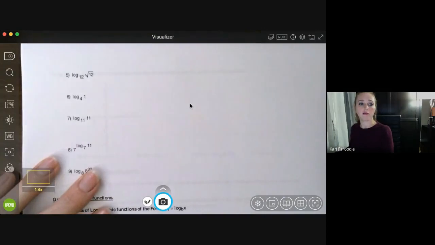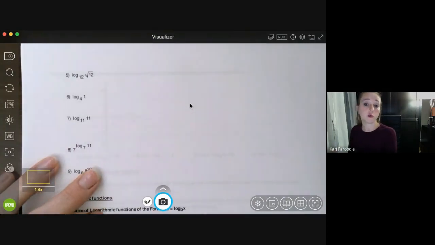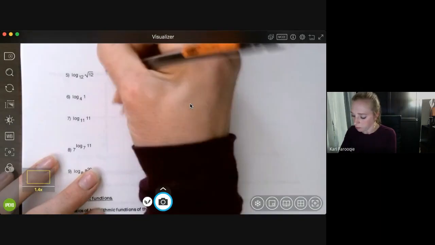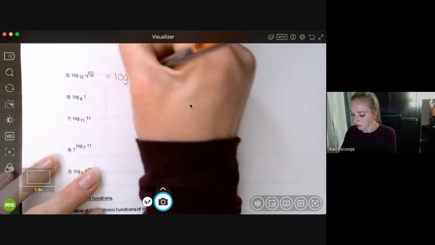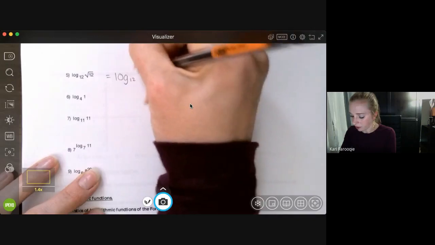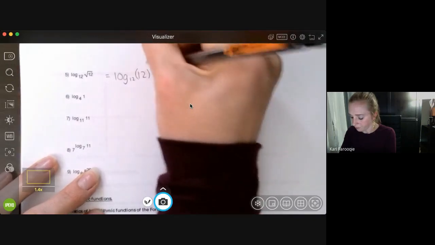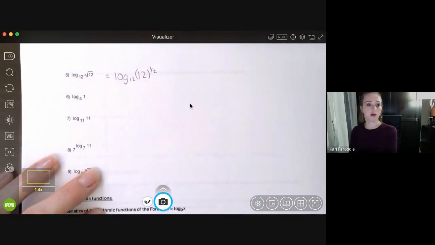Number 5, log base 12 of the square root of 12. Now, most of the time when you're evaluating these log expressions, you don't want radicals in your expression. You're going to rewrite these with rational exponents. So let's rewrite this as log base 12 of 12 to the 1/2 power.